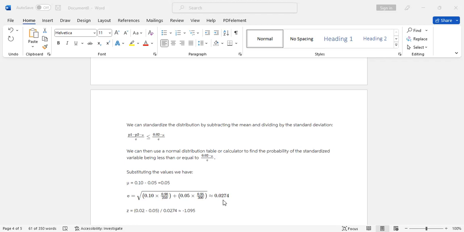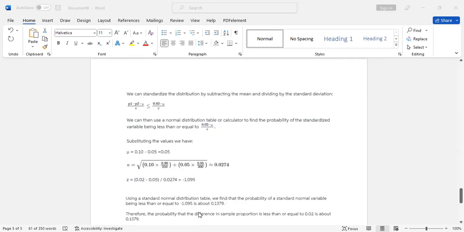So we're going to get approximately 0.0275. So here the Z, we subtract 0.02 minus 0.05 over what we just got, 0.0274. We get negative 1.09, which is approximately negative 1.10.